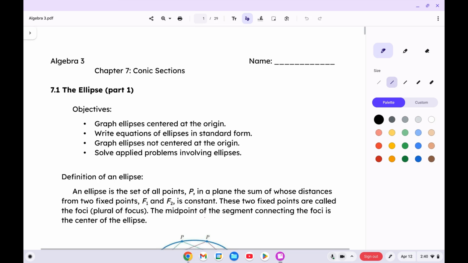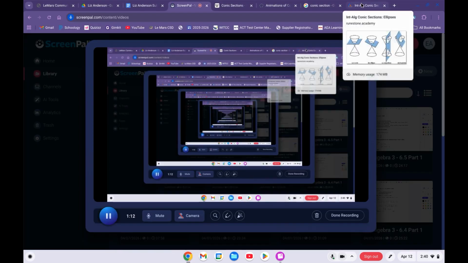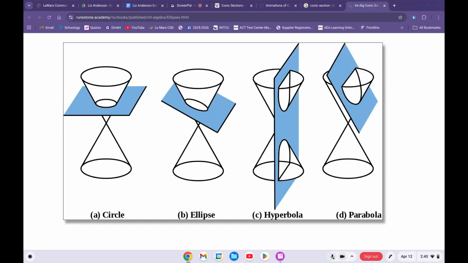Before we get into the first conic section, I just want to give you a visual so you have an idea of what these conic sections are. Conic sections can look like any of these examples that I have here. What a conic section does is it's a double-sided cone.